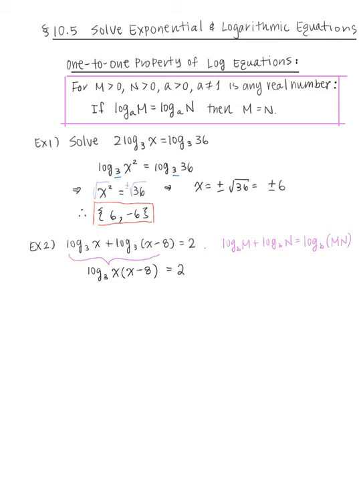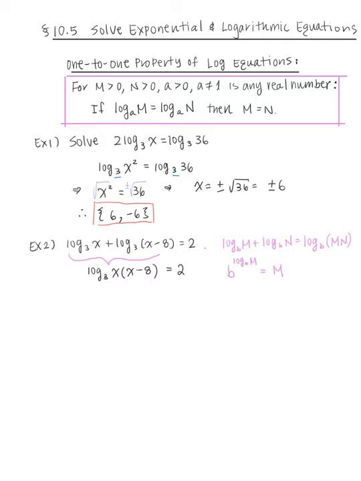Now what do we do? Let's recall this property: b to the log base b of m equals m. You can think of it as, if the big base b and log base b are the same, they cancel each other out. So let's raise both sides on top of 3.